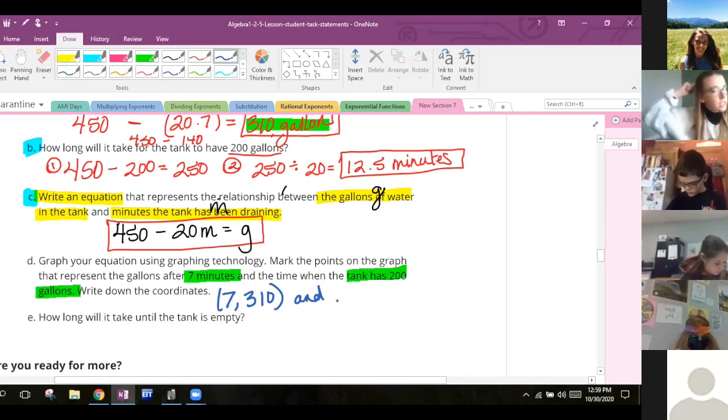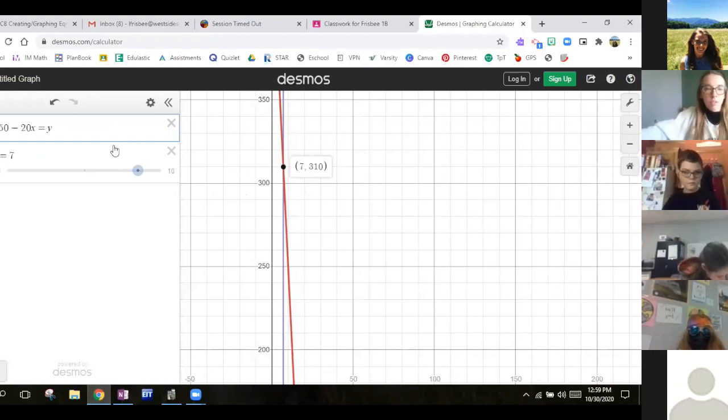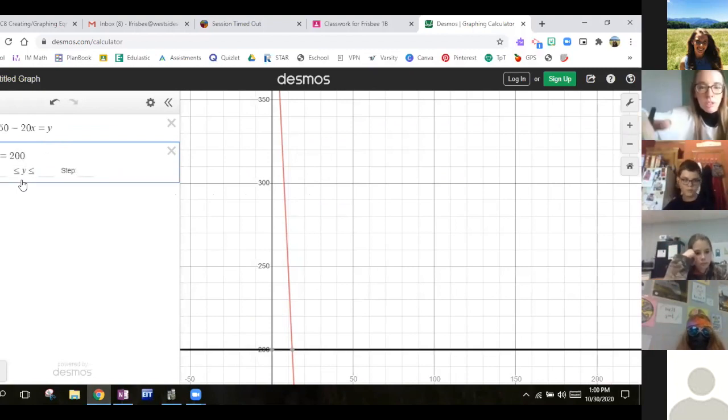Now we want to know how much time has gone by when there's 200 gallons. So let's go back to our graph. Gallons was represented by our Y variable, so I'm going to do Y equals 200.